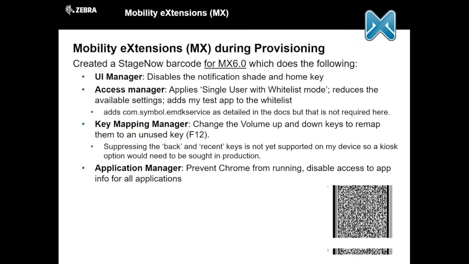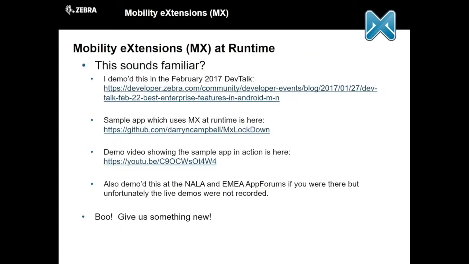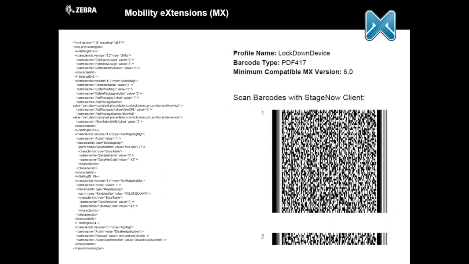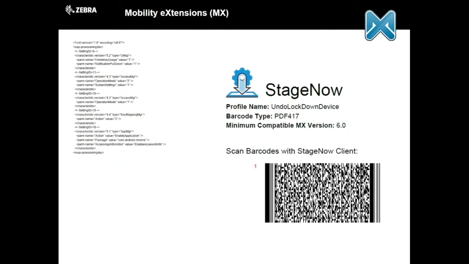Alternatively, I also added to the whitelist of apps that can submit XML, or that can interact with the MX layer, as another way of phrasing that, my original test app, which is called MX Lockdown. So if you do find yourself having locked down your device in this way, you can still unlock your device with my old application available on GitHub. So hopefully you won't brick your device.